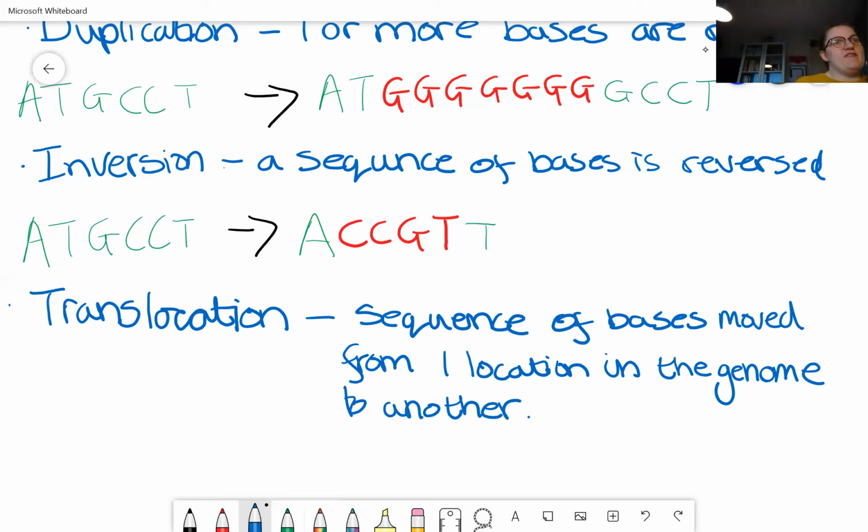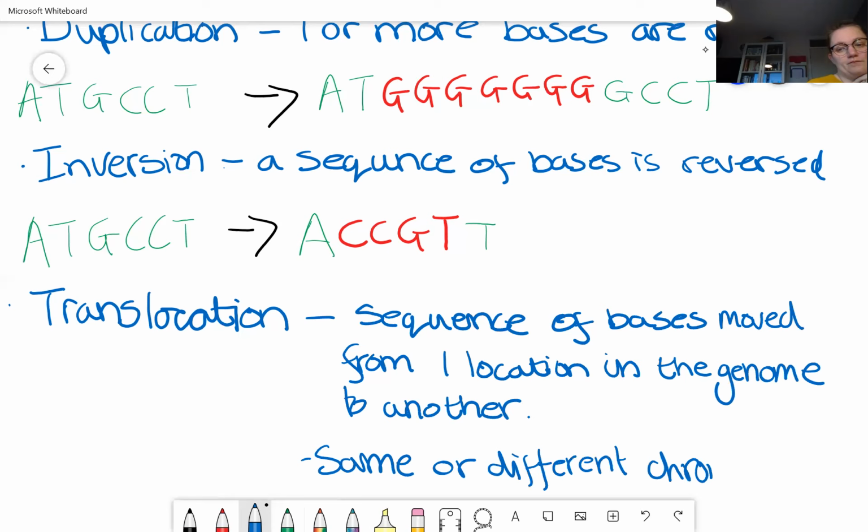This could be within the same chromosome, or it could be to a different chromosome completely. So yeah, they are our types of mutations.